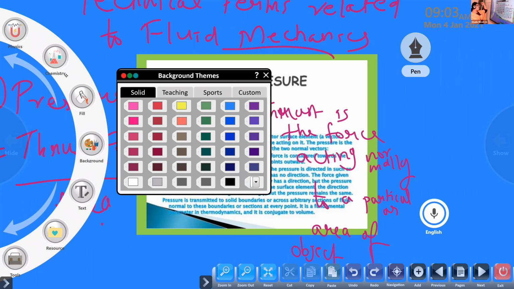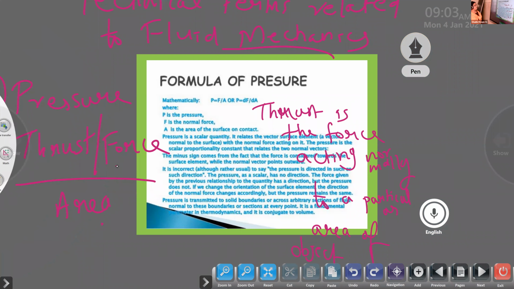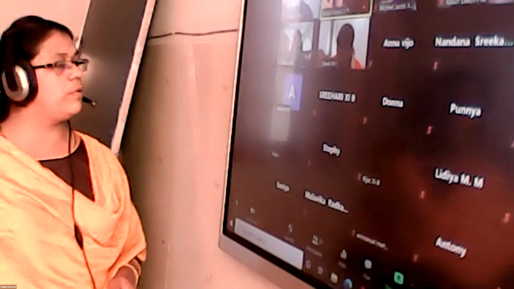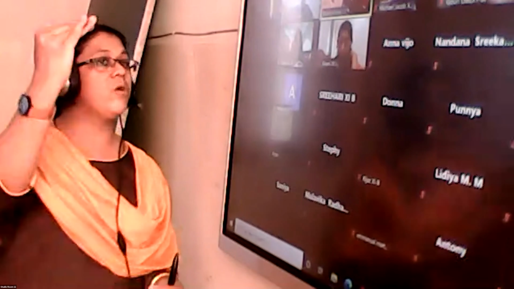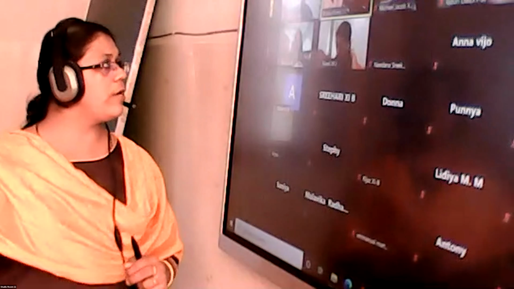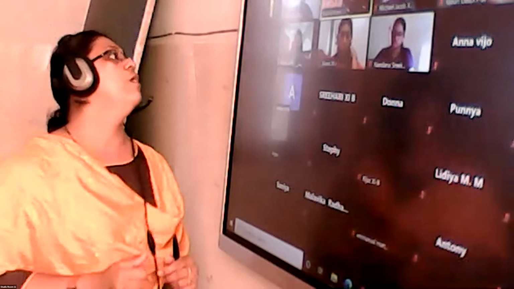In small classes we have learned it as the usual force. Actually, when you come to higher classes, we are learning it a little more simply, that is force acting normally. Whenever you hammer the nail, you are not hammering sideways, you always hammer perpendicular to the surface.